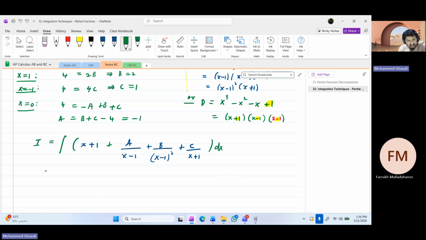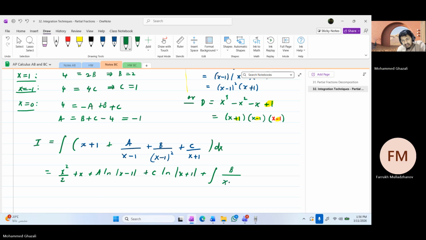So I can integrate x plus 1, which is x squared over 2 plus x. I can integrate a and c. a ln x minus 1 plus c ln x plus 1. Plus the integral of b over x minus 1 squared dx.